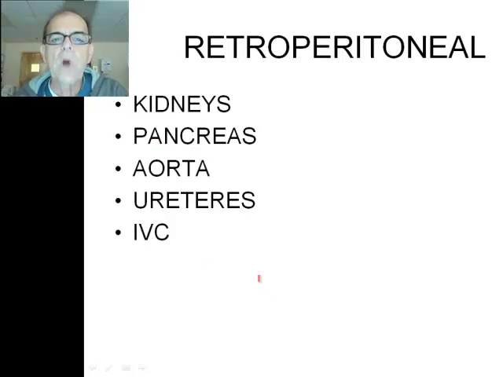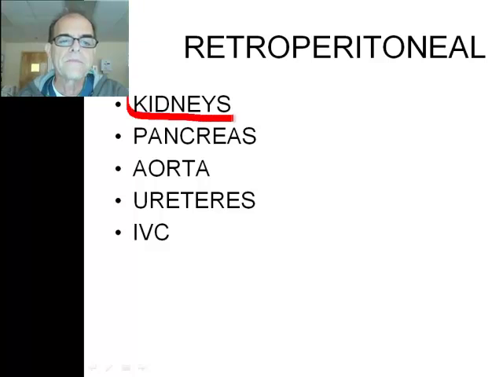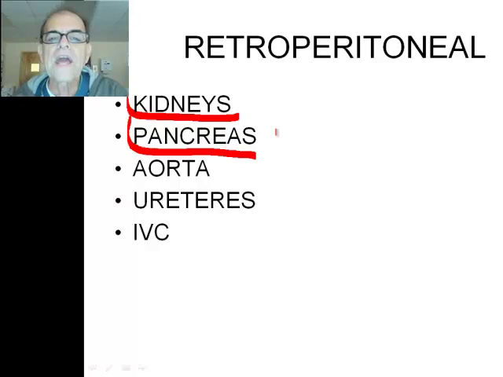Other organs are not intraperitoneal, they are retroperitoneal, and it is easy to remember the retroperitoneal organs because the most important are the kidneys and the pancreas. All of these organs are retroperitoneal. These organs are not totally covered by peritoneum; they are inside the body but not inside the peritoneal cavity.